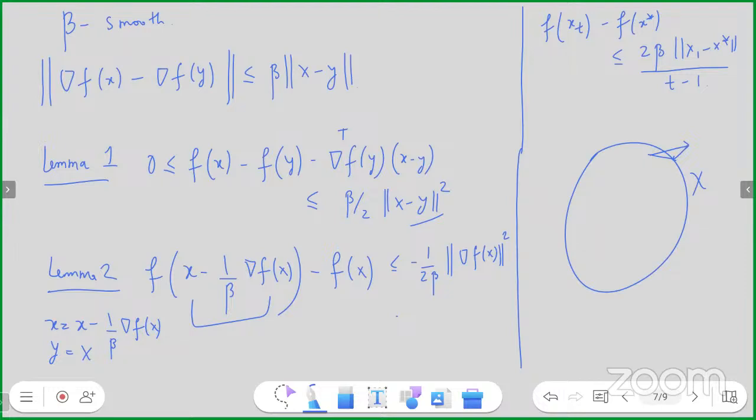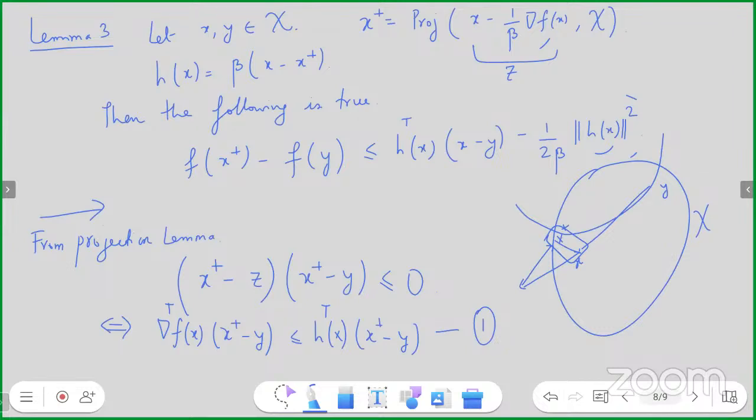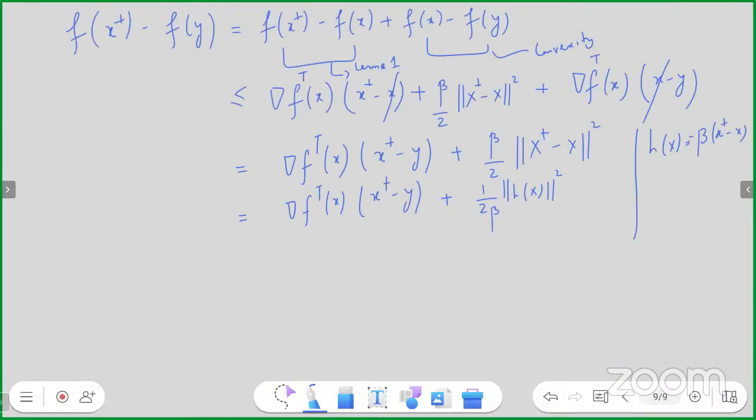So I want h to appear here rather than the gradient of f. How do you think I should do that? Then less than or equal to h transpose.